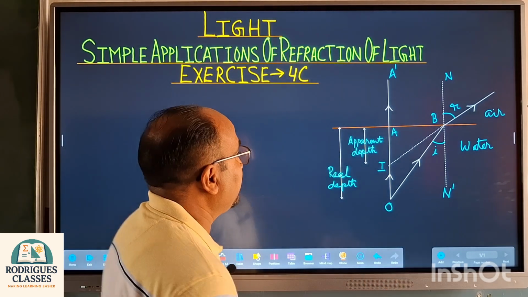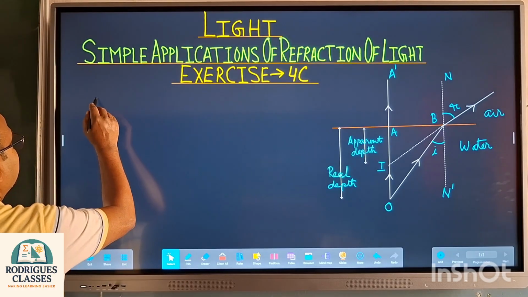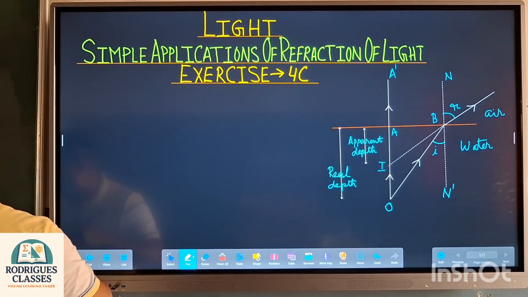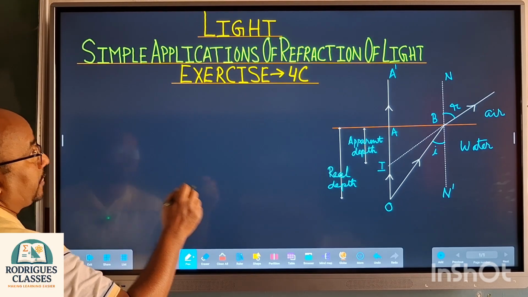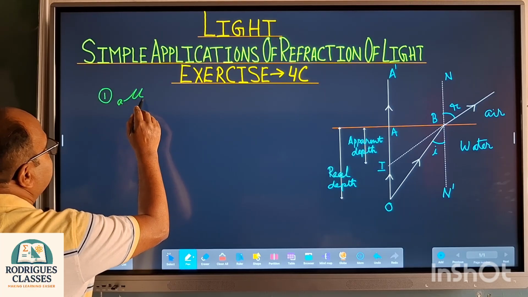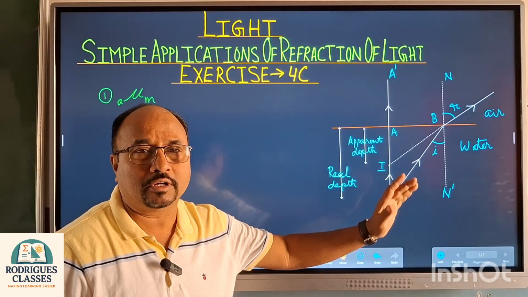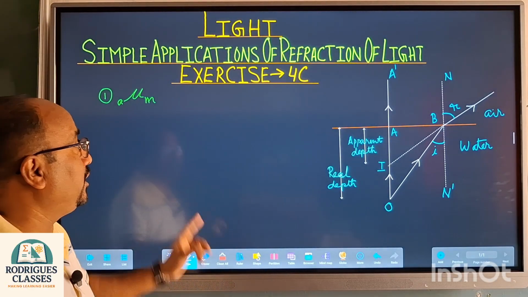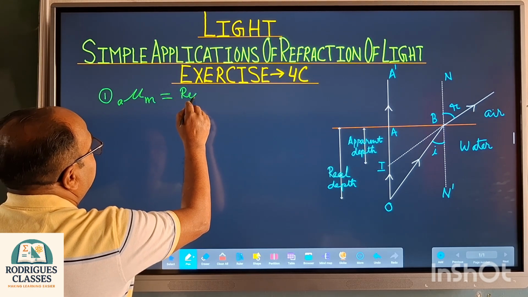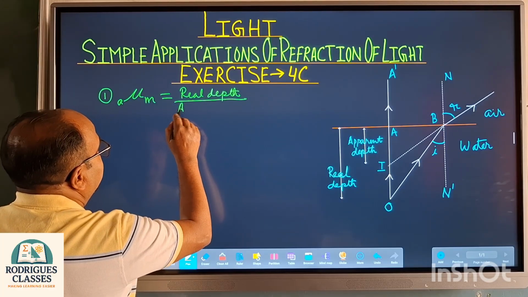First of all, how is the refractive index deciding the apparent depth? You have the first one, where the refractive index of the medium with respect to air (that medium in this case is water, but I will be taking it as medium only) depends upon the real depth and the apparent depth.